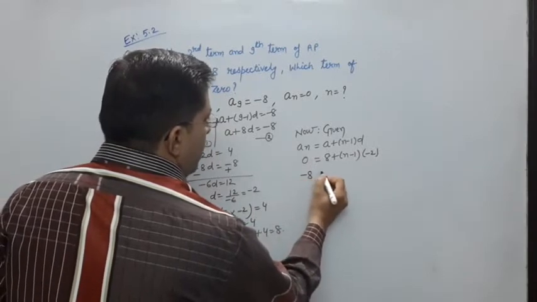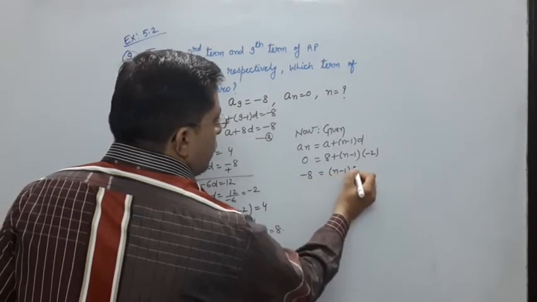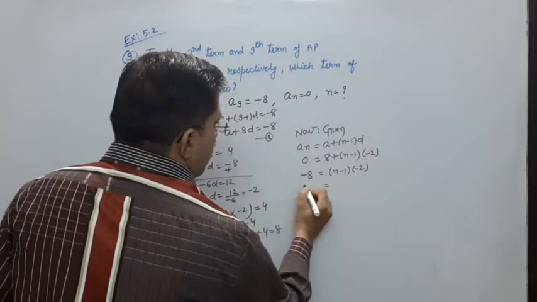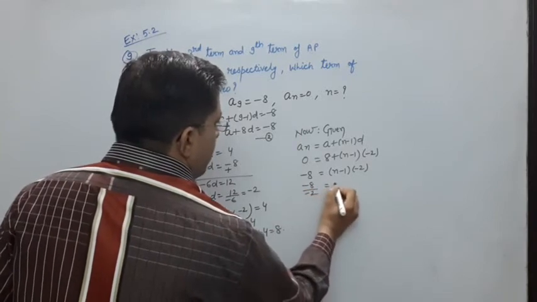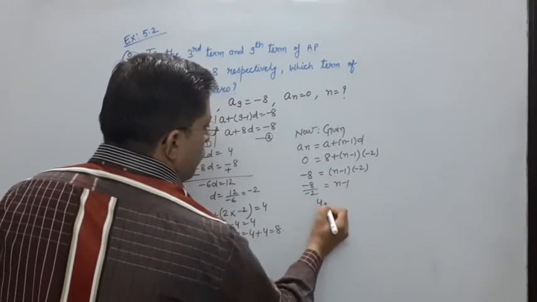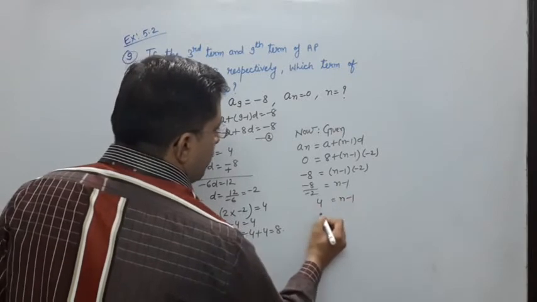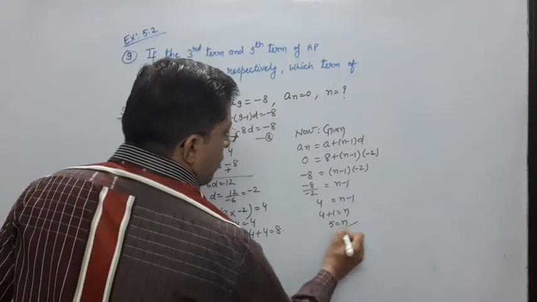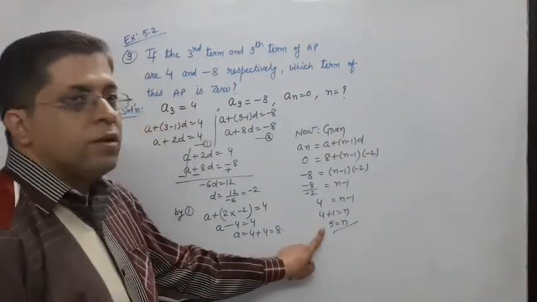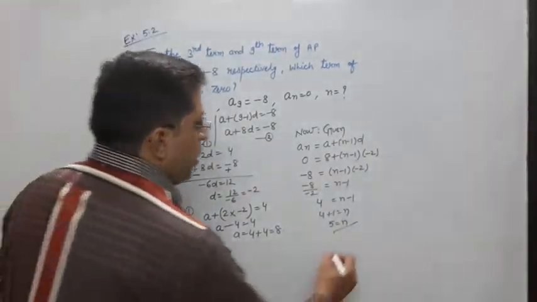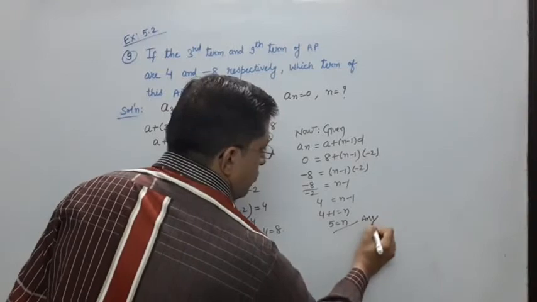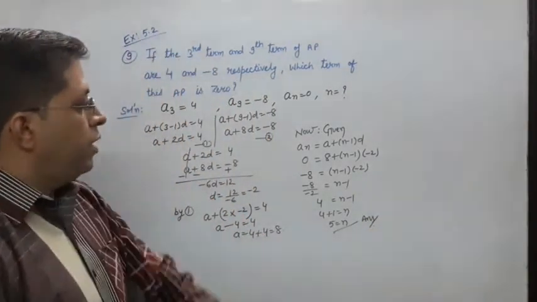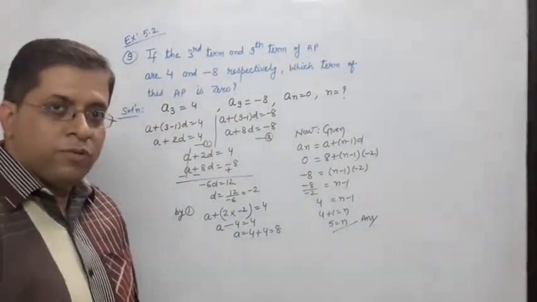Minus 8 will come here: minus 8 divided by minus 2. This is 4 is equal to n minus 1. 4 plus 1 is equal to n. n is equal to 5. This is your answer. In this way you can get the number of terms.